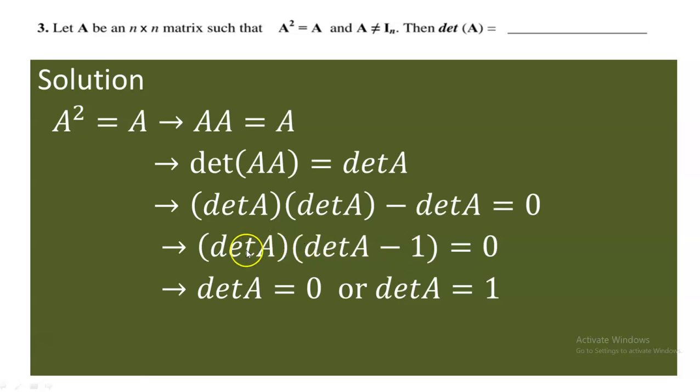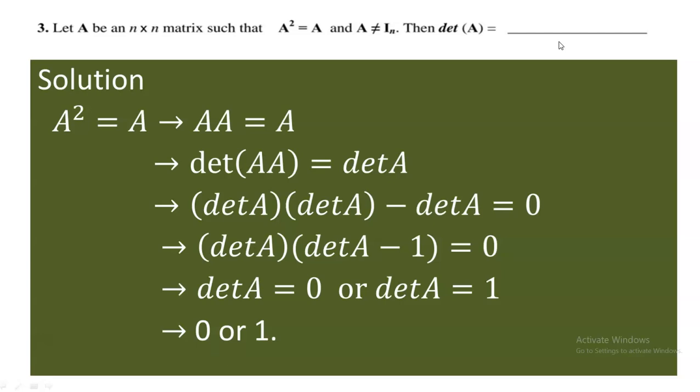So the determinant of A can be either 0 or 1. Our possible answer here is either 0 or 1.